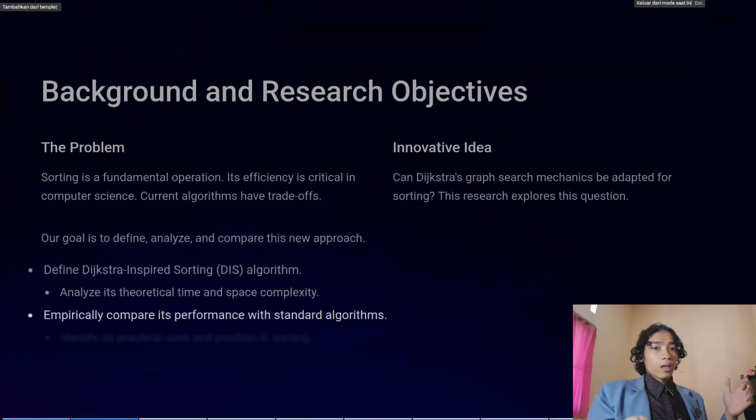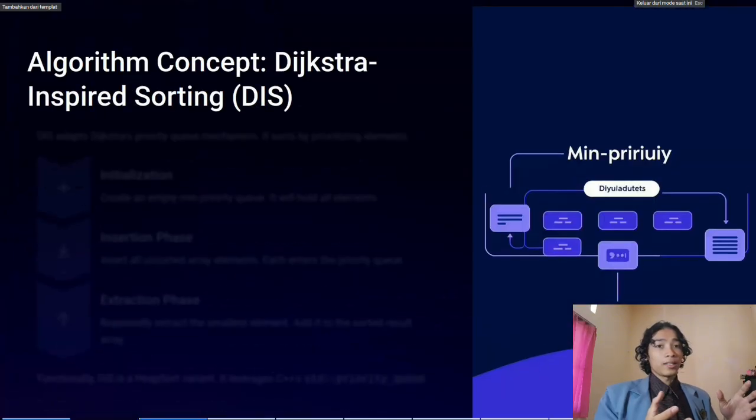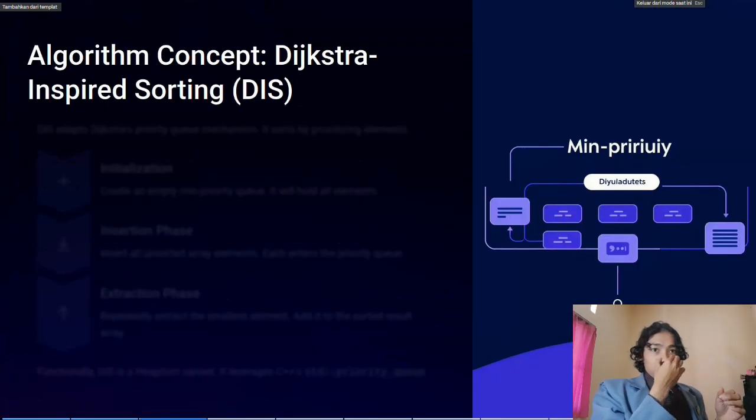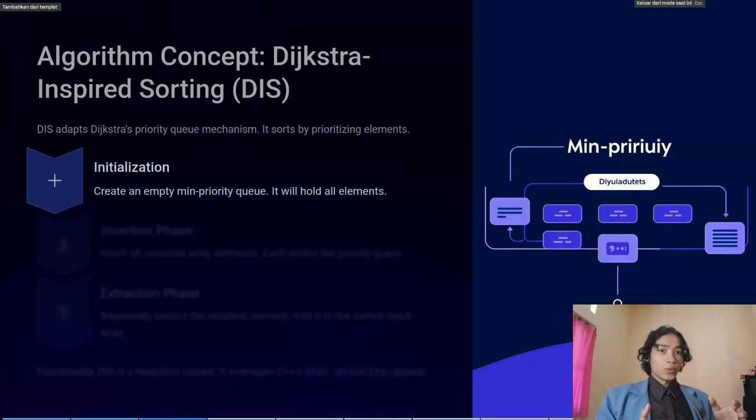So, what exactly is the DIS algorithm? The concept is very simple and elegant. It doesn't use the entire graph logic of Dijkstra, but instead steals its most powerful component, the min priority queue.